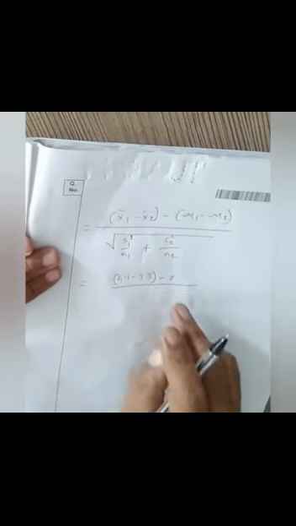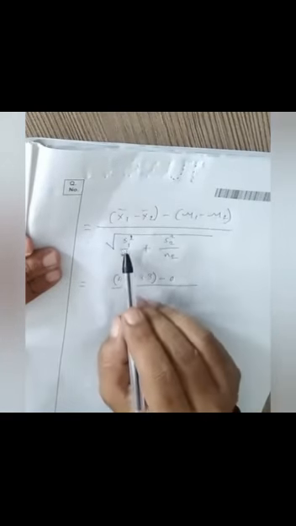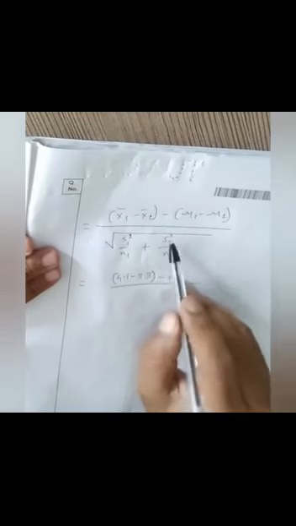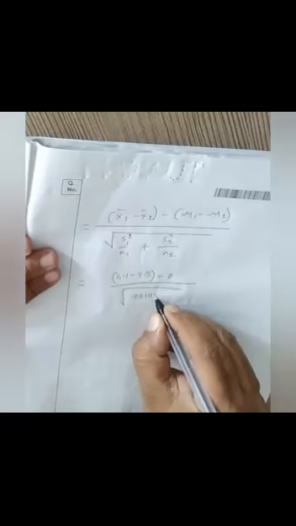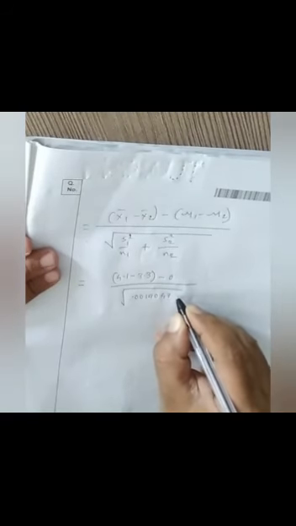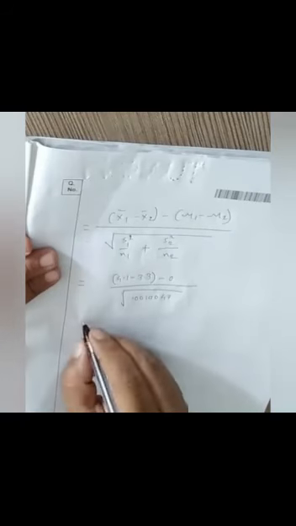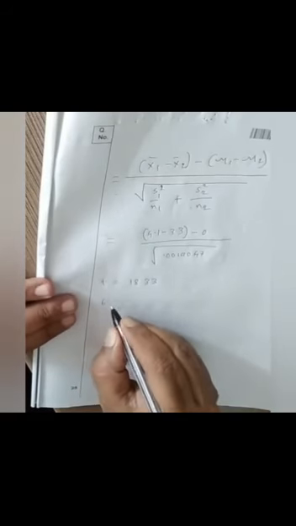We also know the other values, so I will not calculate them again. Instead I will put them directly here, and ultimately the value of t will be 18.33.